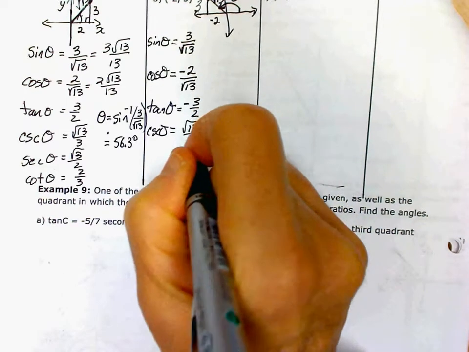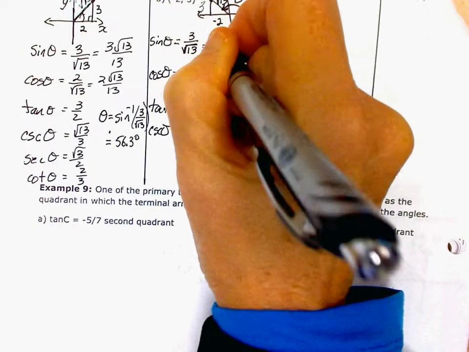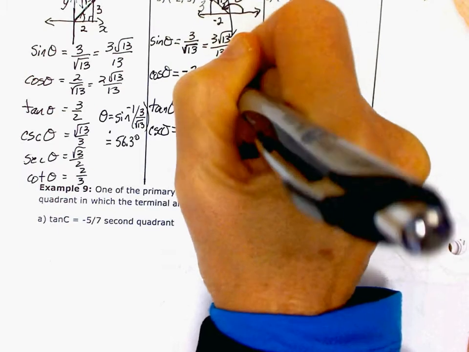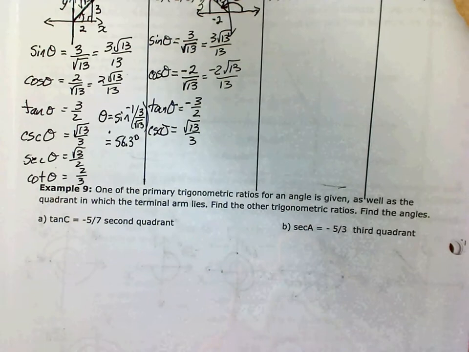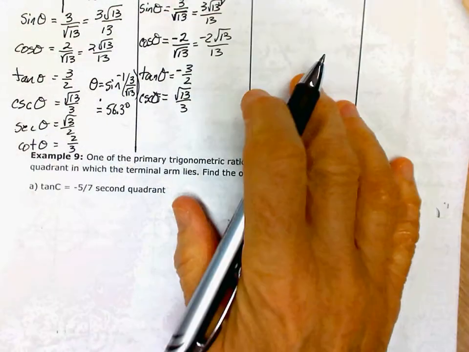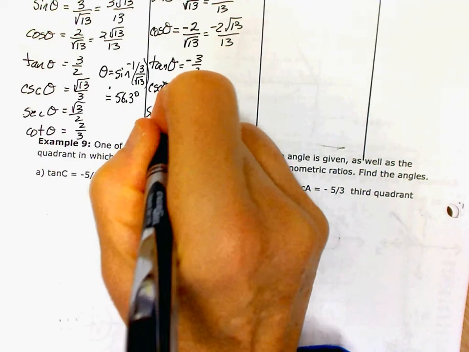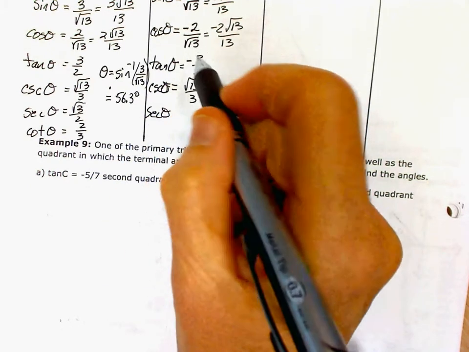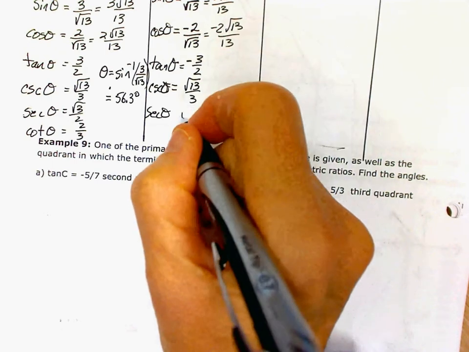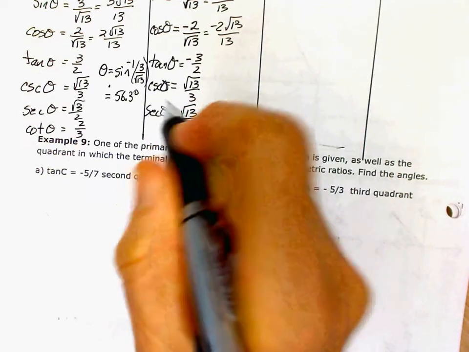Also, don't forget to rationalize the denominator. And this one is secant theta, and cotan theta.